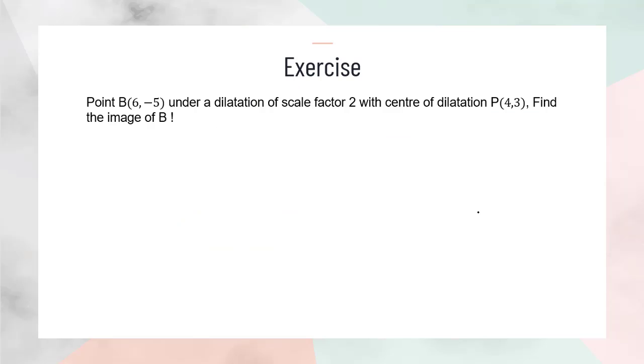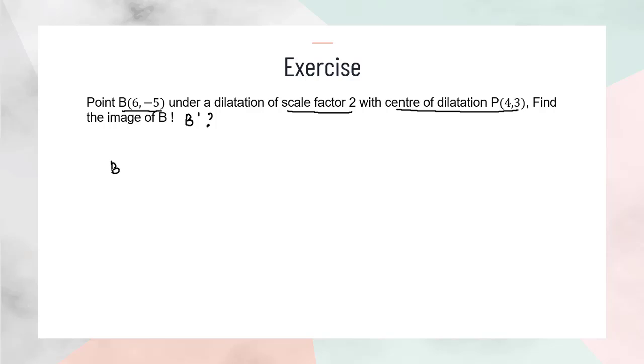Well, to give you an idea about the formula, let's do an exercise. I have a question: point B(6, minus 5) under a dilatation of scale factor 2, with the center of dilatation point P(4, 3). We have to find the image of B, which is B accent. Do you still remember the formula?